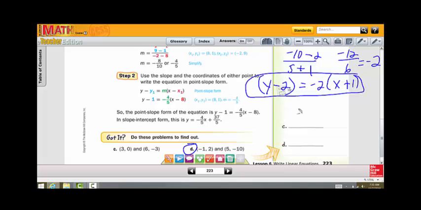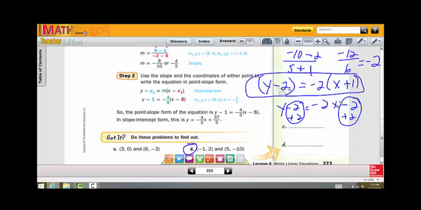So keep in mind yours might be different. What you're really going to check is the next part of this. So now we're going to distribute. We have negative 2x minus 2 and y minus 2. We're going to add 2 to both sides. 0 pair here and here, which is kind of interesting.